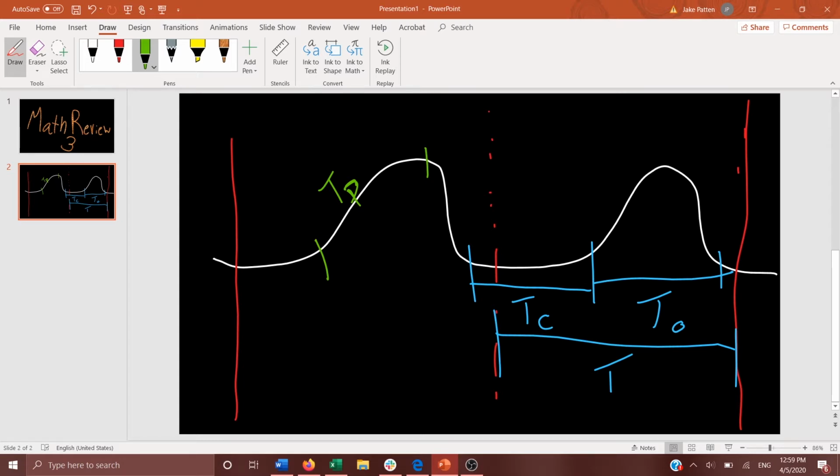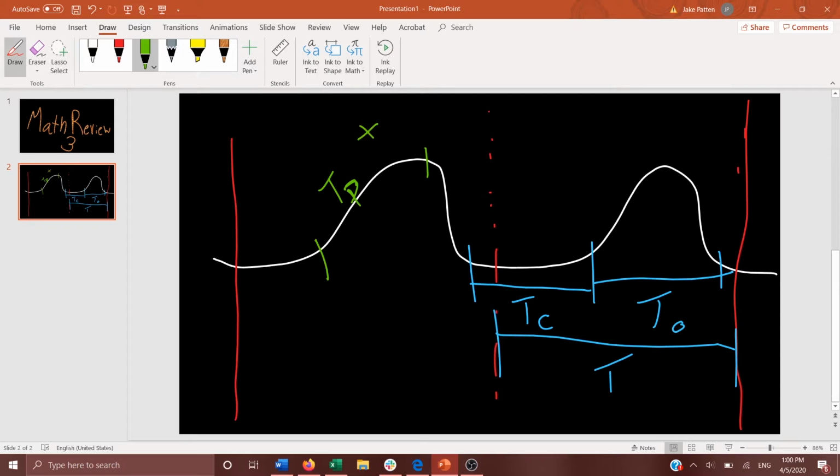That means time when the vocal folds are moving outwards, when the pressure is positive, when their movement is positive. The size of the opening is growing, so the glottal opening is growing. That's TP. That stands for positive.